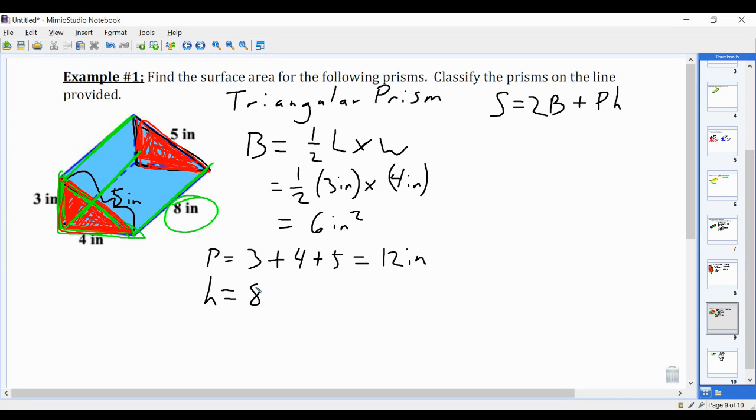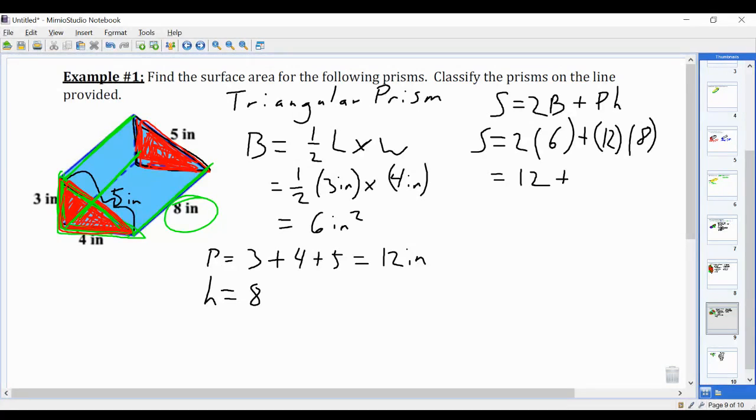Okay, we have our base, we have our perimeter, we have our height. We're ready to put it all together in our surface area formula. So our surface area is equal to 2 times our base, which is 6, plus our perimeter, which is 12, times the height, which is 8. So we'll do that multiplication. 2 times 6 is 12, plus 12 times 8.